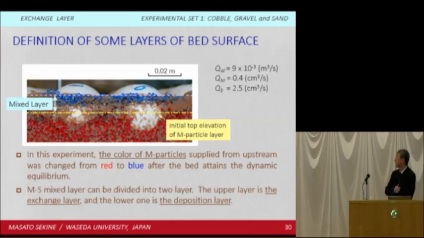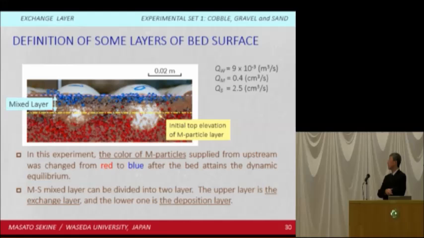And in this experiment, the color of M particles supplied from upstream was changed from red to blue after the bed attained the dynamic equilibrium.